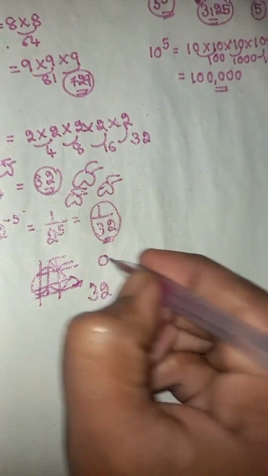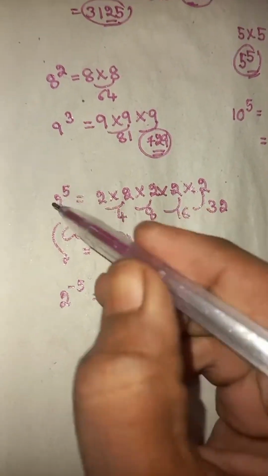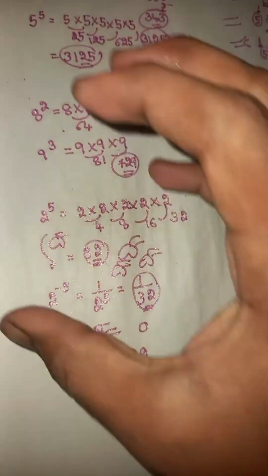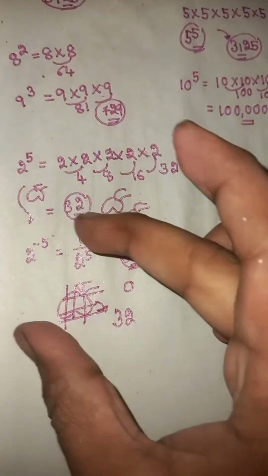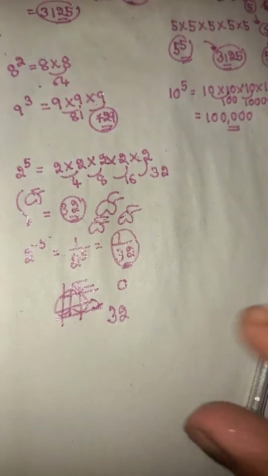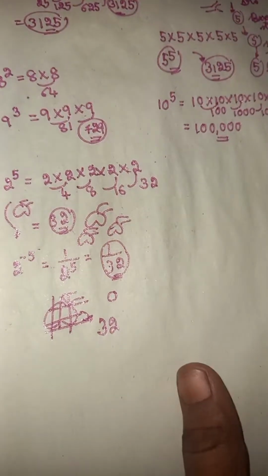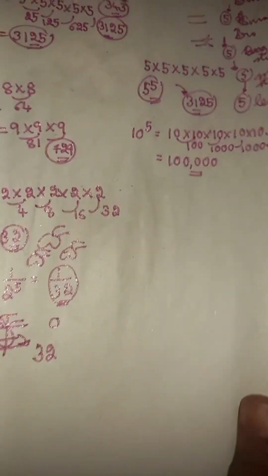That is the actual value of 2 to the power of minus 5.